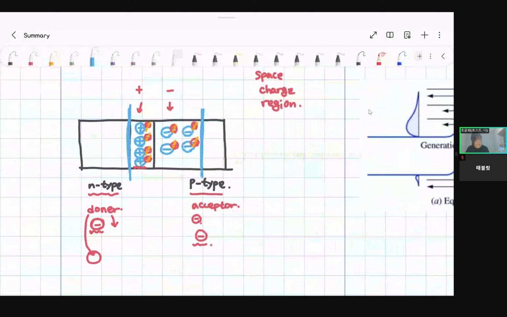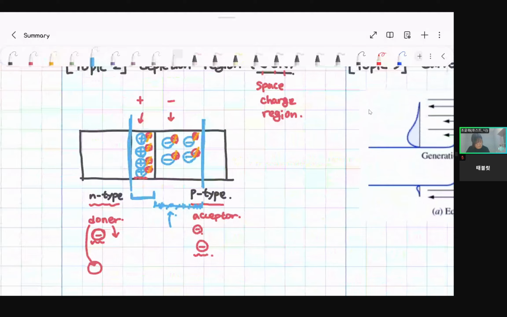So the more doped, the narrower the depletion region. So the less doped part, the depletion region is wider.